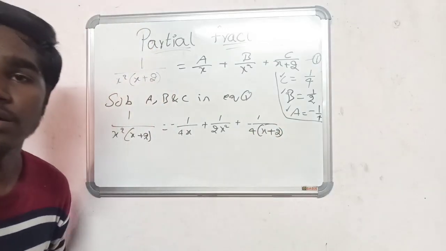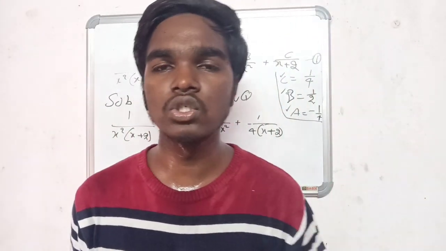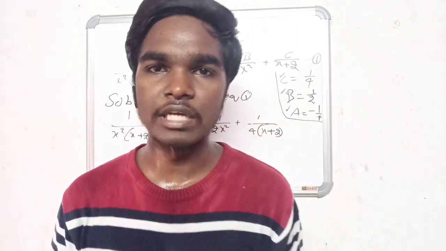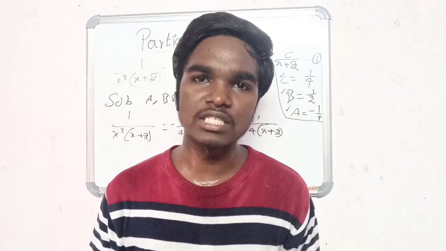This is the resolving of partial fraction of case 2. You got both the case 1 and case 2. This is the process of the partial fractions. These are the only 2 cases we have in the partial fractions. Now the chapter partial fractions is completed.